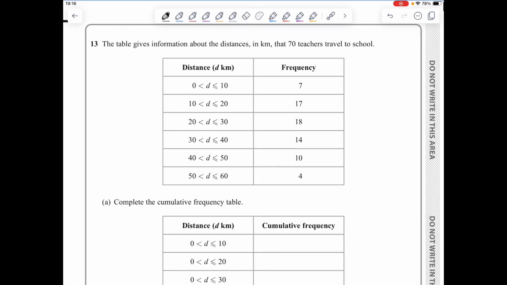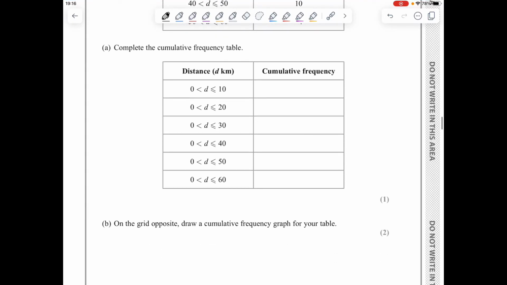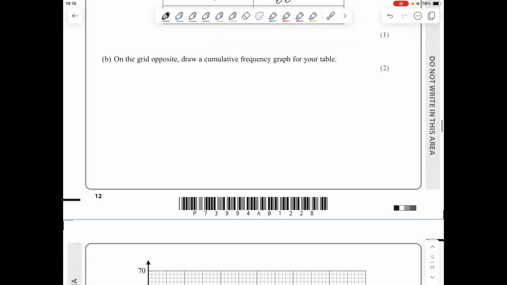In part A of question 13, I need to complete the cumulative frequency table. So the first row is 7, then 7 plus 17 is 24, plus 18, 42, plus 14 is 56, plus 10, 66, and finally plus 4 is equal to 70.